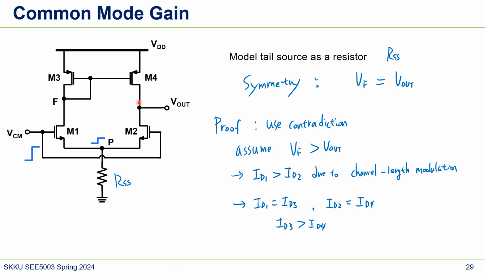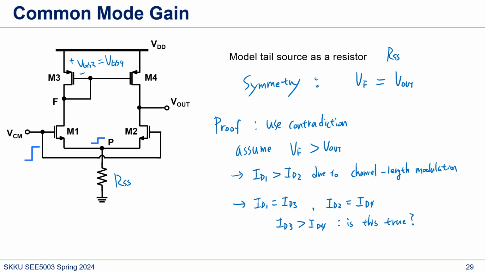So does it make sense when we look at this PMOS? Which VDS is larger? Because their VGS are the same, VGS3 is equal to VGS4. So is this true? No, that's not true, because we assumed that Vf is larger than V out, so V out is smaller.